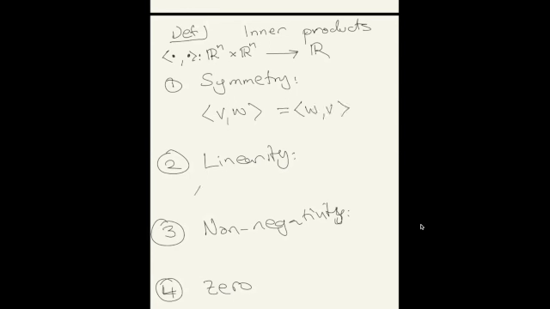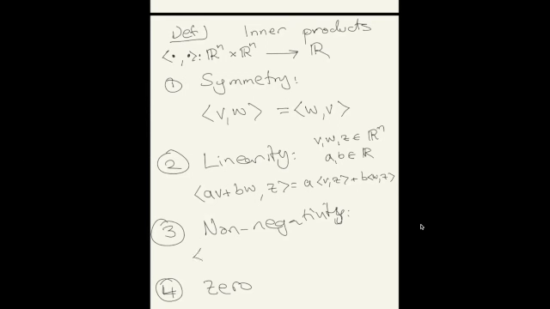Linearity, this is true for both components, but via symmetry, I'll write it only with one. So a v plus b w inner product with z is the same thing as a times v inner product with z plus b times w inner product with z. Here, v, w, and z are elements of Rn, and a and b are scalars in R.